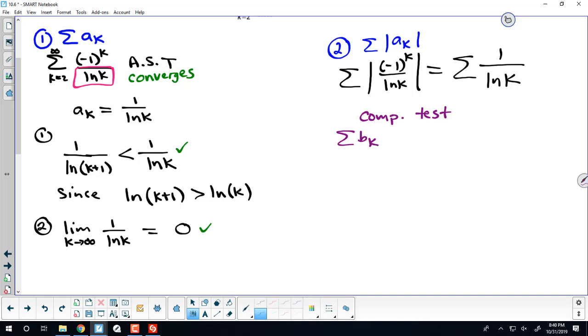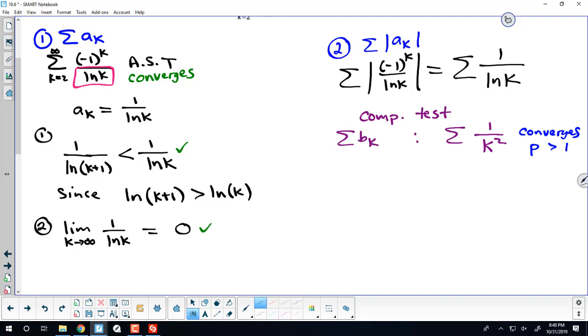So the series that I saw that someone was close with was comparing it to 1 over k squared. So if we compare 1 over ln k to 1 over k squared, we know that this series converges. Convergent p-series.